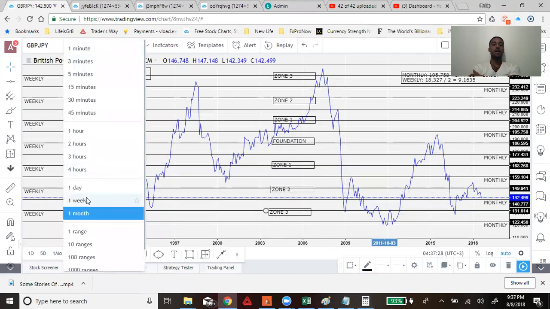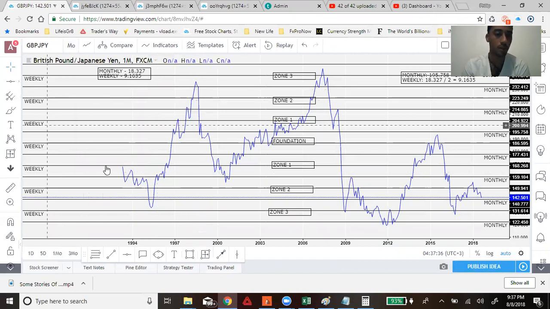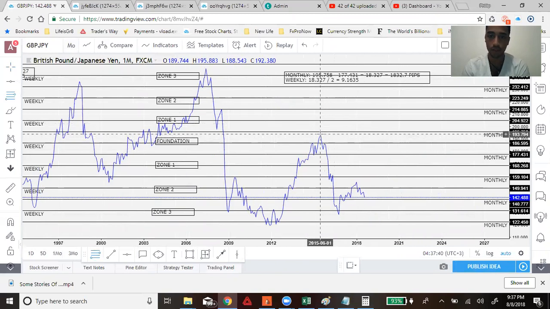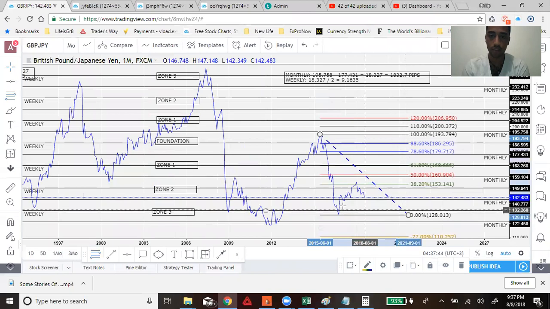All right. So now what I'm going to do is pull out my fibs real quick. I'm just going to check and see something right here. Point A, point B. As we can see, price went from point A to point B to 38.2 on the dot, and I wouldn't be surprised if price keeps on going.